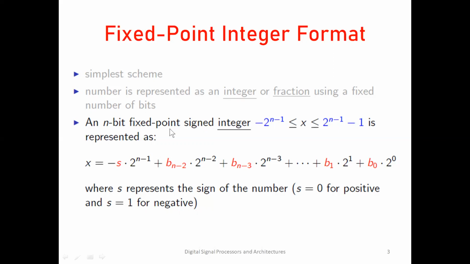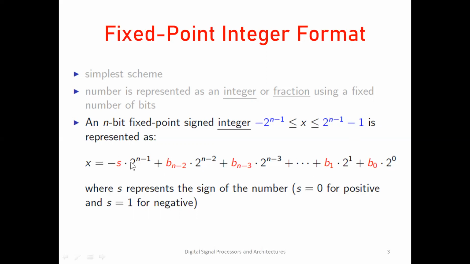Now coming to the fixed point signed integer, this is the range: from minus 2 power n minus 1 to 2 power n minus 1 minus 1. And the representation of the number is x equal to minus s 2 power n minus 1 plus b n minus 2 2 power n minus 2 and so on till b 0 2 power 0.